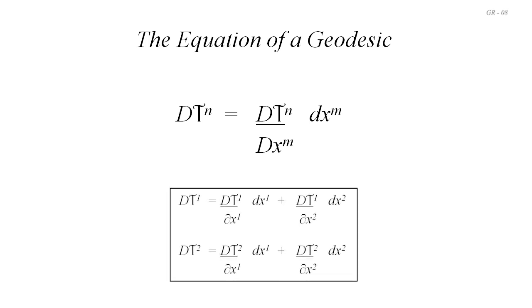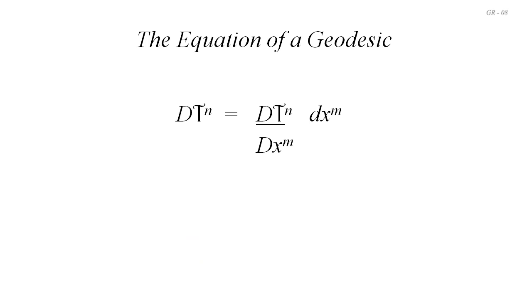And as is typical of these types of equations, you'll notice the actual change in T1, which is the x1 component of the tangent vector, depends on the changes in both x1 and x2, and similarly for the change in the T2 component.